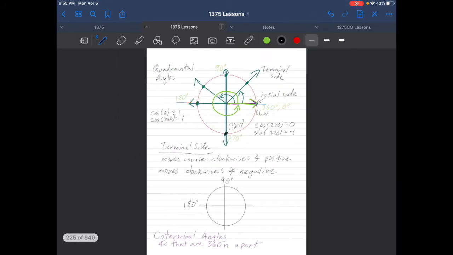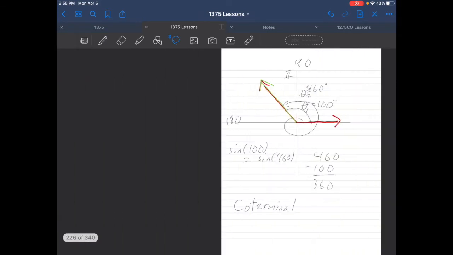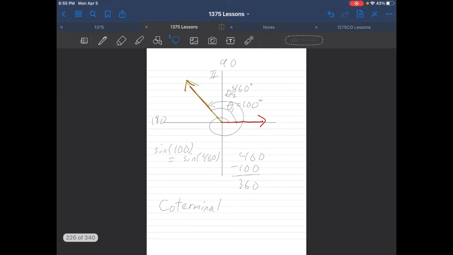And angles can be measured positive or they can be measured negative, right? I told you about these angles here, and if you looked at the way I'm drawing a little arrow here, these angles are going in a counterclockwise direction. And that means that the angles are measured in a positive manner. Angles can be measured in a clockwise direction.